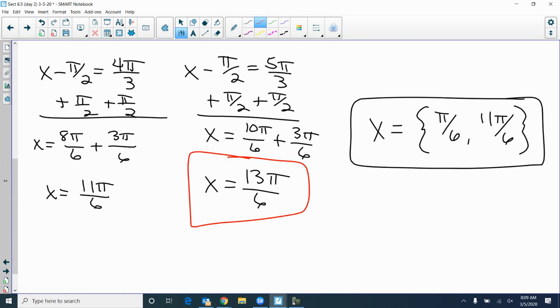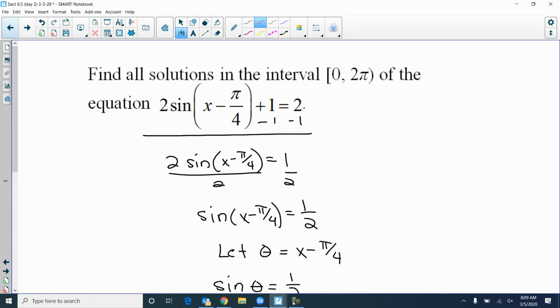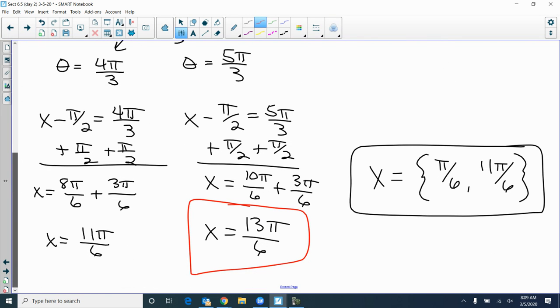It goes back to our original statement that your only answers are 0 to 2 pi. So 13 pi over 6 is too big. That doesn't mean there isn't a second answer. Where did the pi over 6 come from? It's coterminal with that, so I just subtracted 2 pi to get that second answer. So it's in the interval.